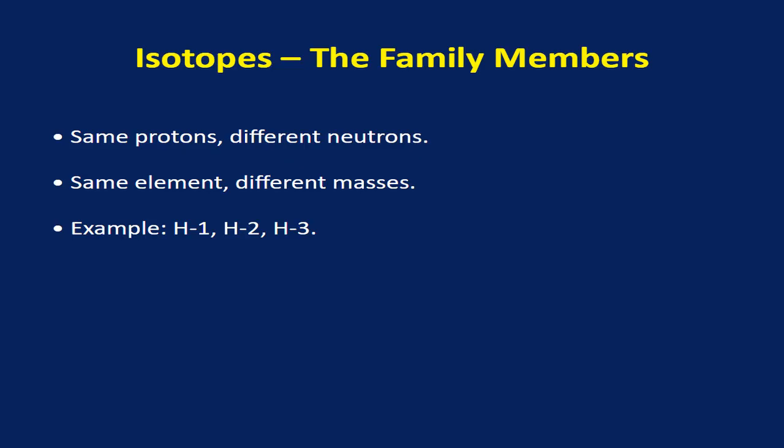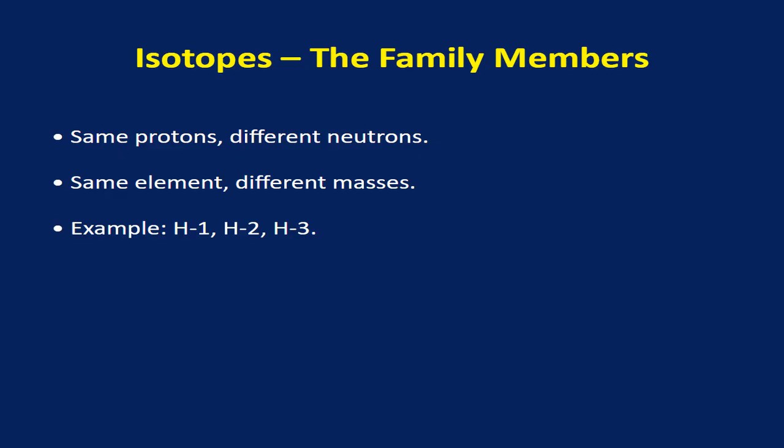Isotopes, the family members. What happens if two atoms have the same number of protons but a different number of neutrons? We call them isotopes. Think of them as brothers from the same family.